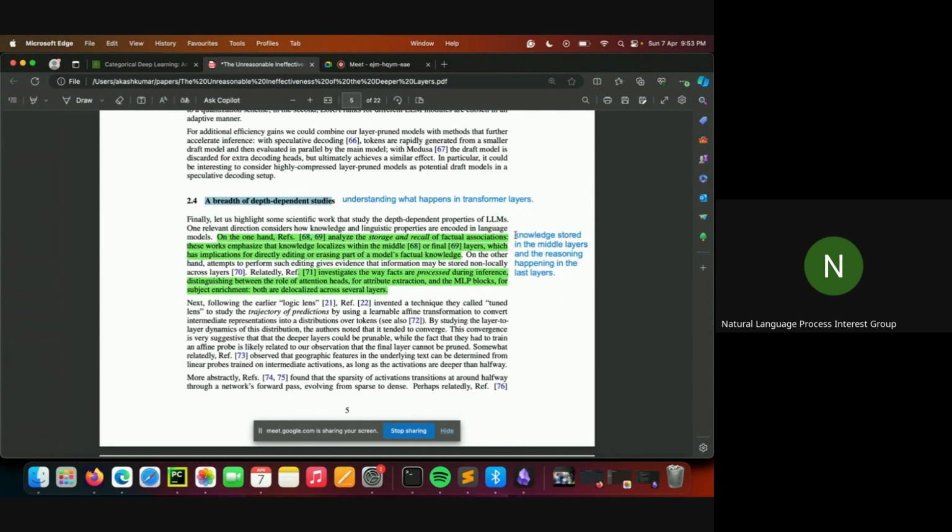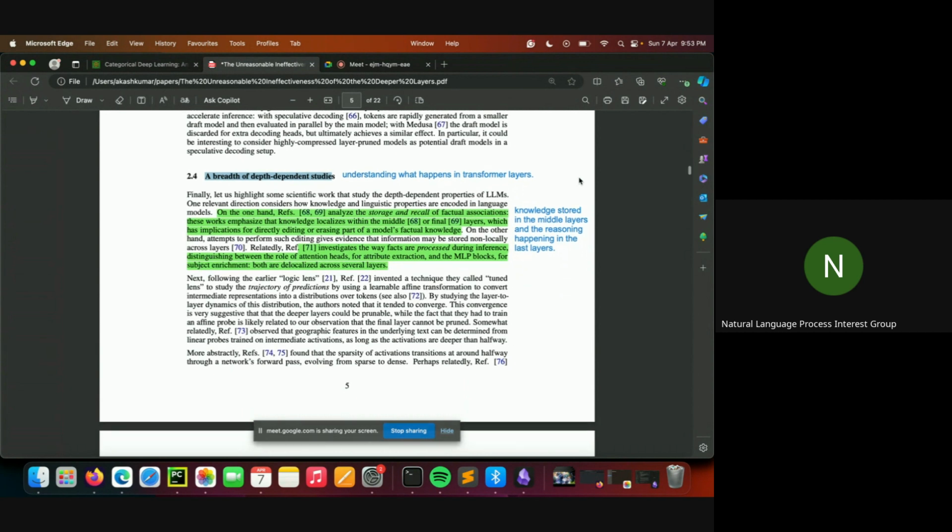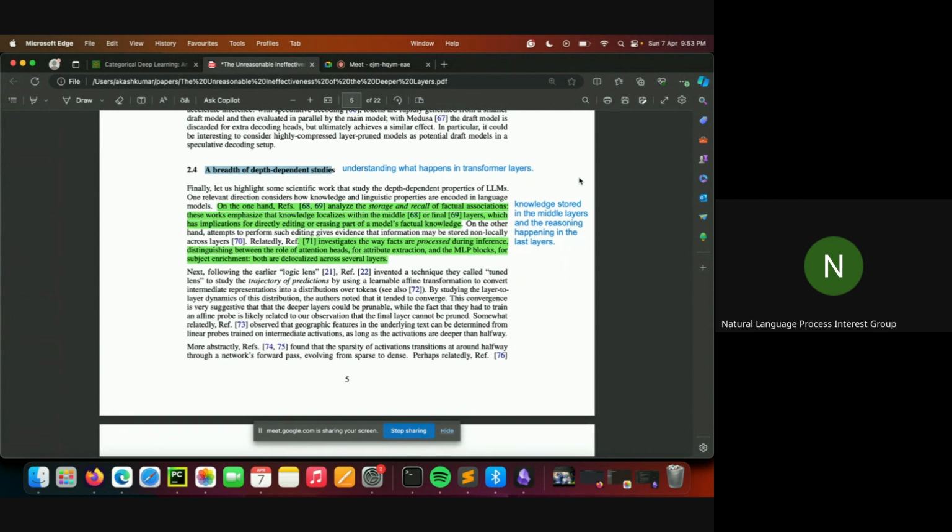In those papers, the authors suggested that the factual knowledge that the model has is mostly stored in the middle layers, and the reasoning is happening in the deeper layers. Those were very interesting papers that we covered in our earlier meetings. This particular paper investigates the way facts are processed during inference, and it tries to distinguish between the role of attention heads for attribute extraction and MLP blocks for subject enrichment.